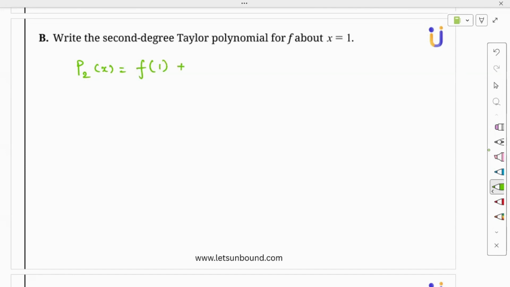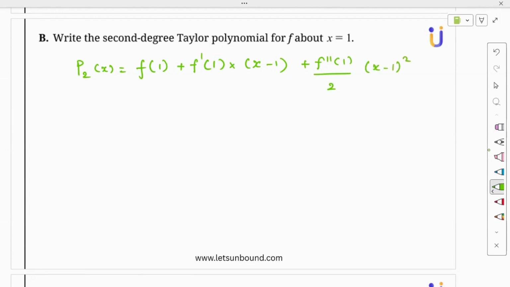That's it. Next one, f prime of 1, this is given, times x minus 1, plus f double prime of 1 by 2 factorial, that is 2, times x minus 1 the whole square.